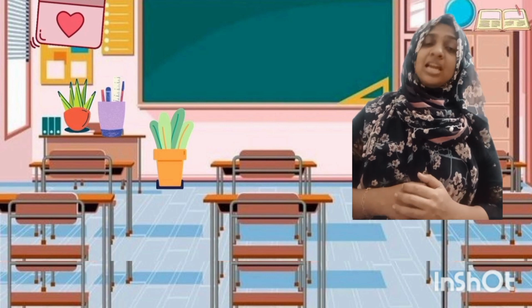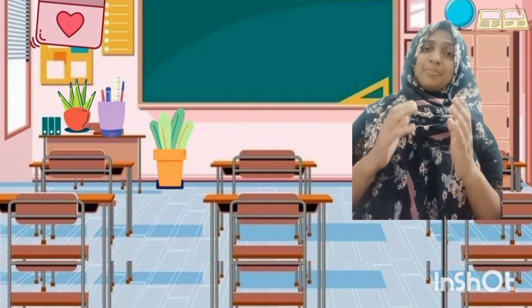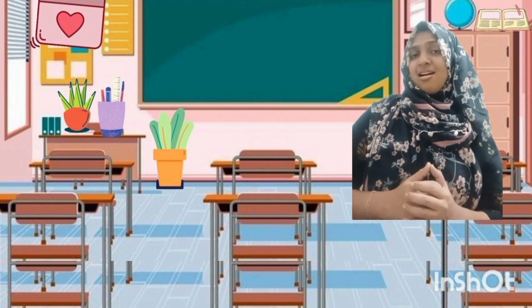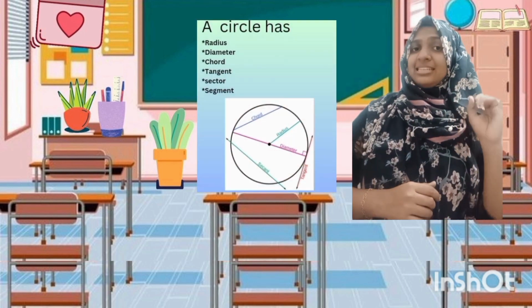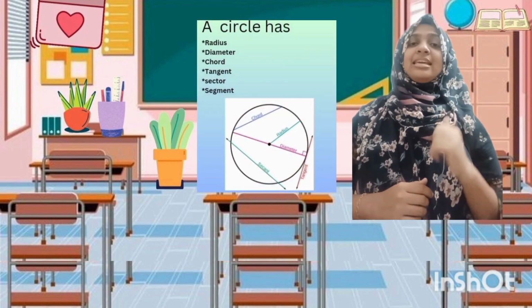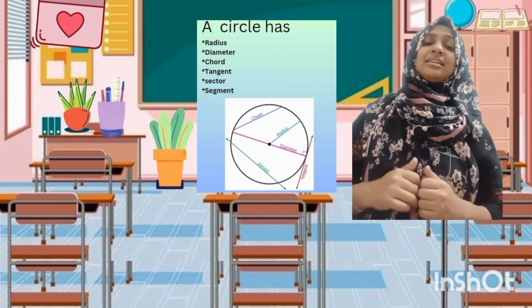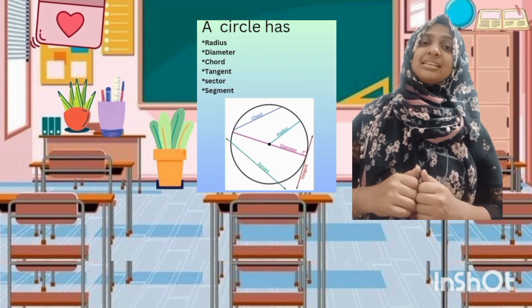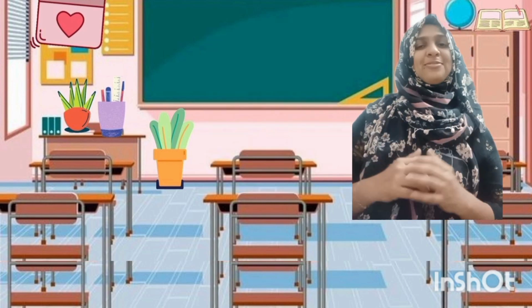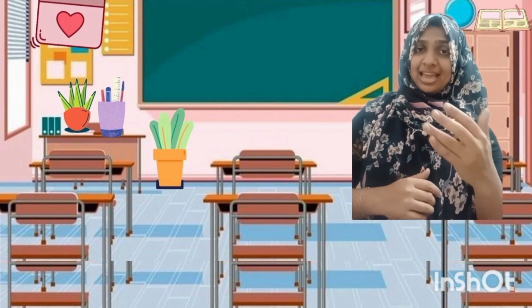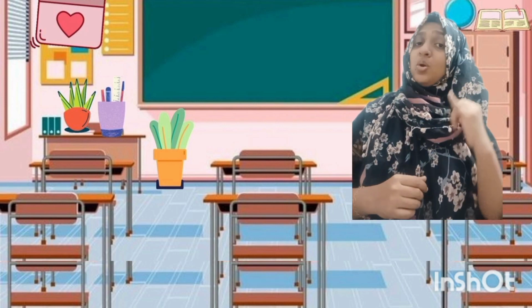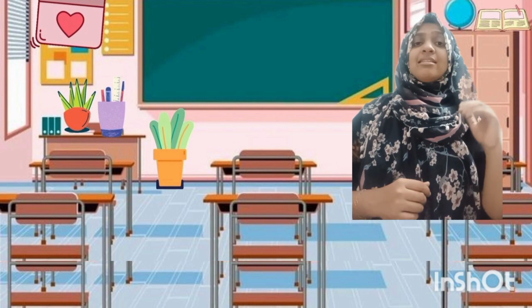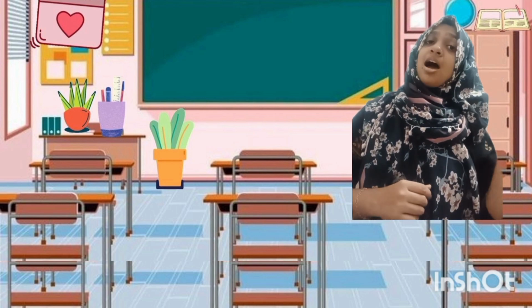So as you all know, the main parts of a circle are its center, radius, diameter and circumference. Beyond that, we are going to learn about chord, sector, segment, arc, etc.